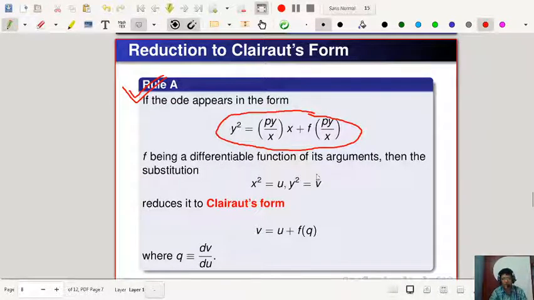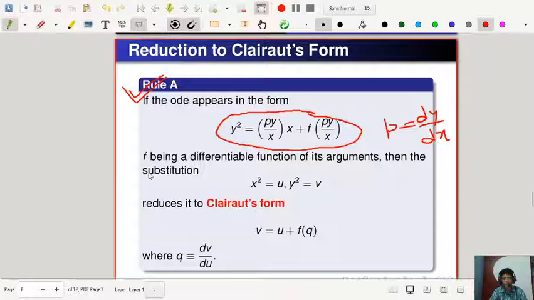F being differentiable functions of, look at that, it's yp by x into x, y square equal to yp by x into x, and function of yp by x. P is your dy dx, actually p is your dy dx, first order derivative, right?